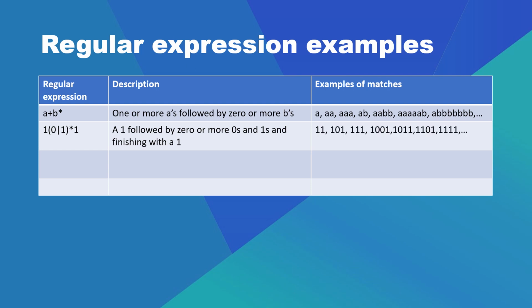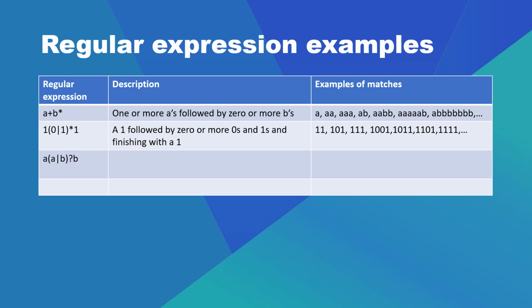But it might have any number of zeros and or ones in between. So 1 1, 1 0 1, 1 1 1, 1 0 0 1, 1 0 1 1, 1 1 0 1, 1 1 1 1 1. All of these would be acceptable values for this. Any number that starts with 1, ends with 1, and only has zeros and ones in between would be acceptable.